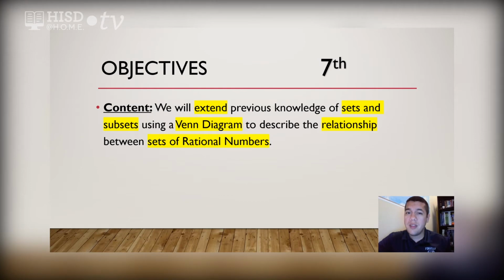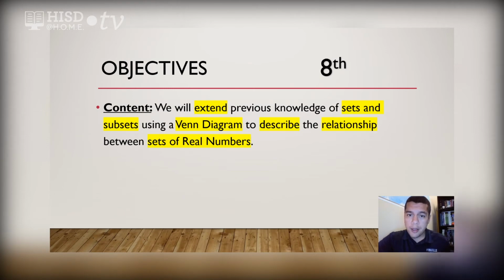For our 7th graders, and you can repeat this after me, we will extend previous knowledge of sets and subsets using a Venn diagram to describe the relationship between sets of rational numbers.